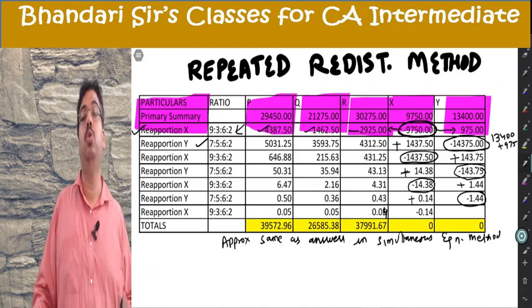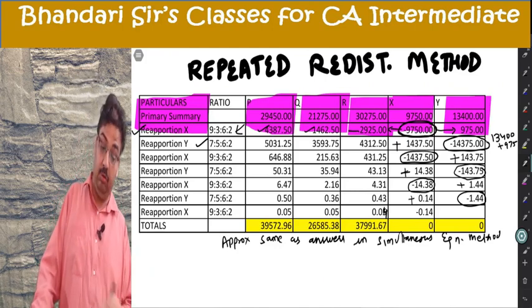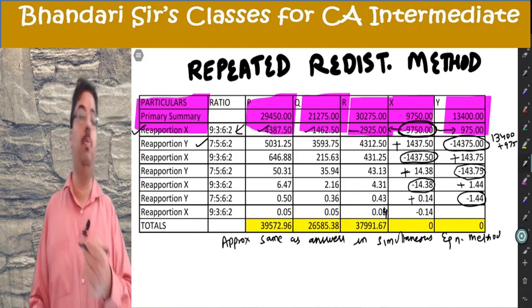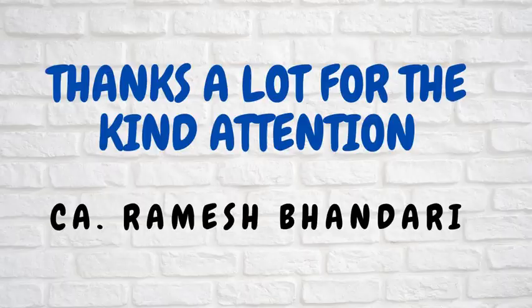If they ask specifically, you will have to do that method only. So this is the complete question. It goes further. Recovery rate you compute, you apply on that particular job cost sheet. That is the same as we did in the simultaneous equation. I hope this one is clear.